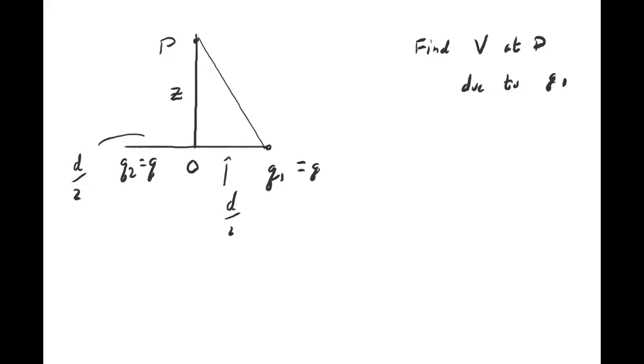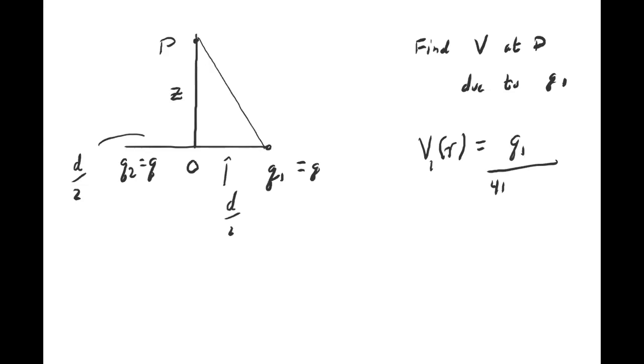So you can see immediately why the electrostatic potential is a much easier thing to deal with rather than calculating electric fields. All you have to do is calculate the electrostatic potential and take minus its gradient, and that gives you the electric field.